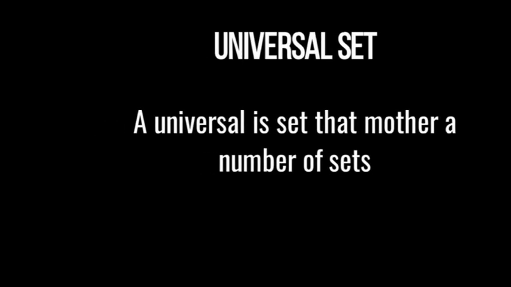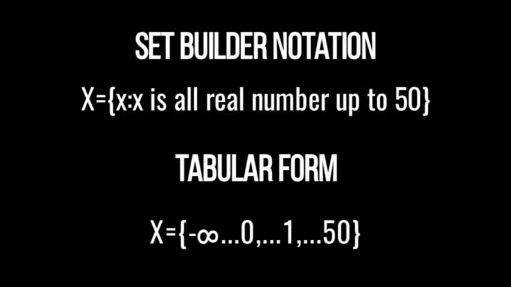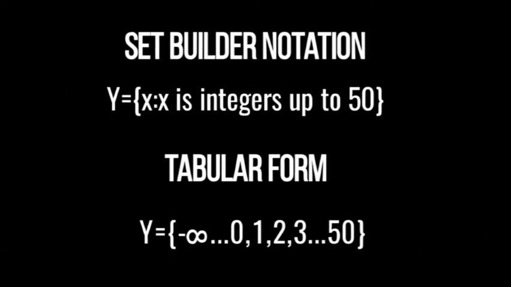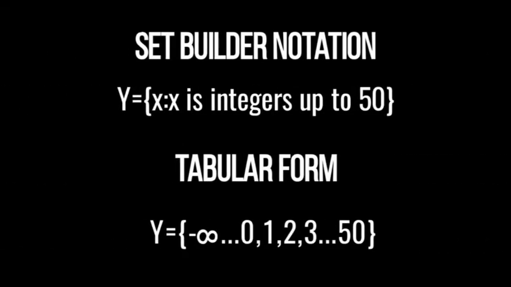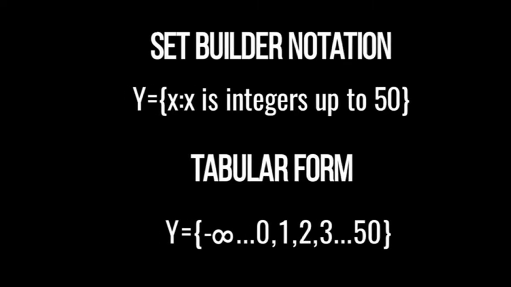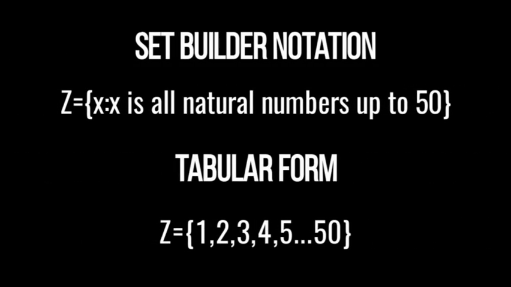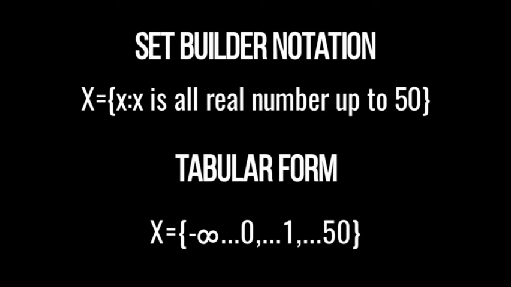We define X as the set of all real numbers up to 50, we also define Y as the set of all integers up to 50, and Z is defined as the set of all natural numbers up to 50. So X contains every negative whole number.